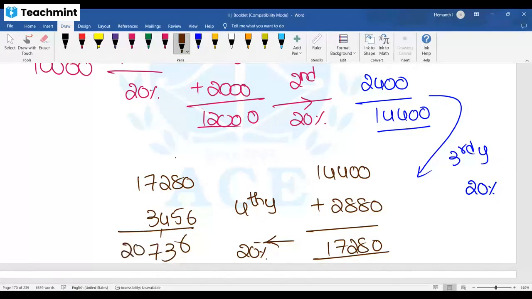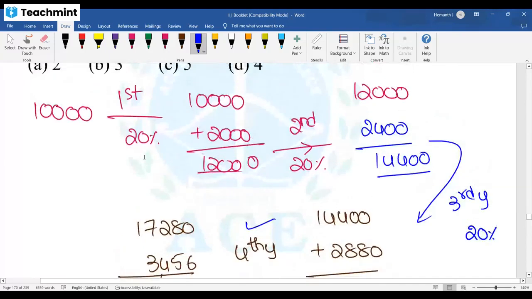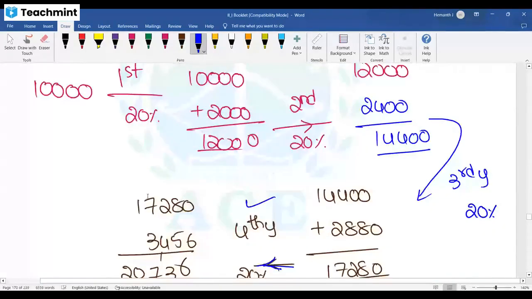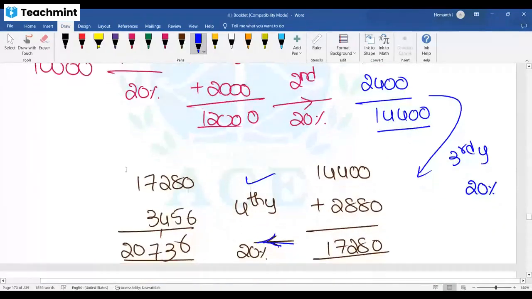How many years are required? 4 years. Answer is 4 years. Amount becomes more than double, time required is 4 years. This is the annual concept. No need to take 10% for 6 months and all. Annually this is. It becomes more than double in 4 years.